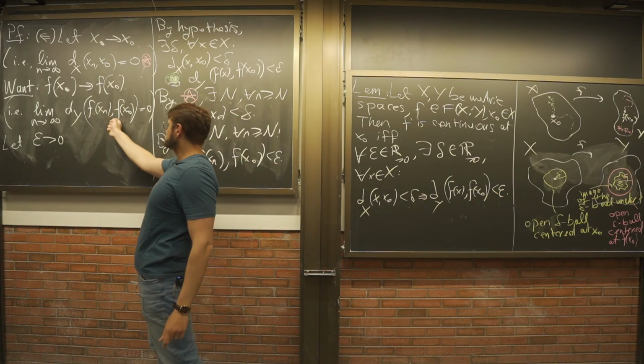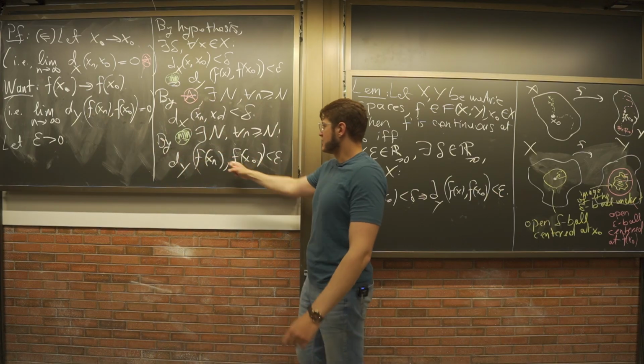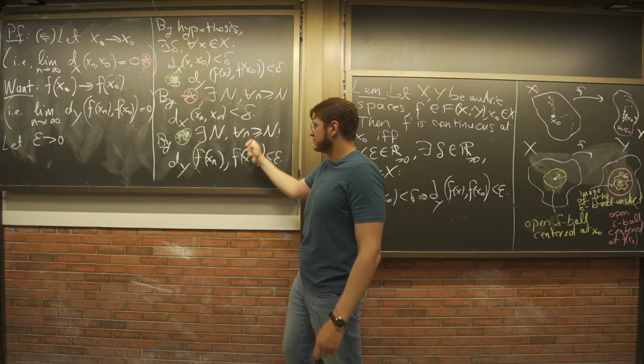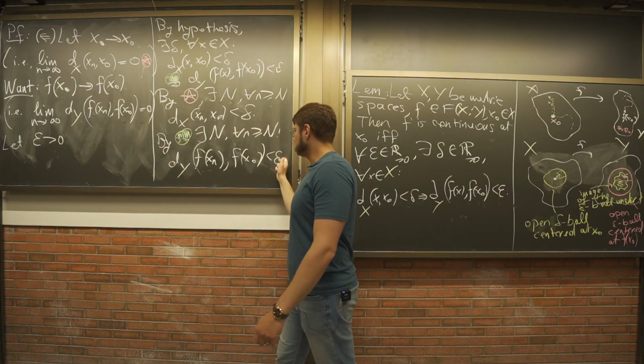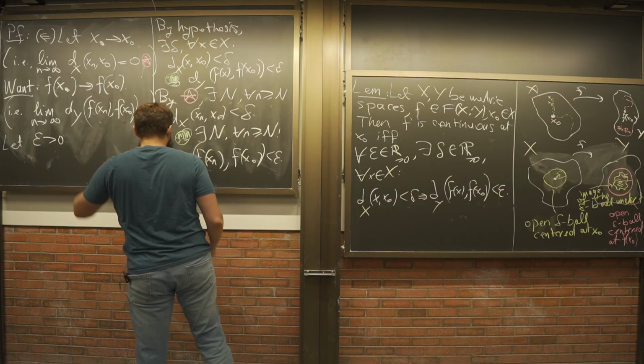Which was what we were trying to show. For any epsilon, I found some N such that after that, this term is within epsilon. That's the definition of this limit.